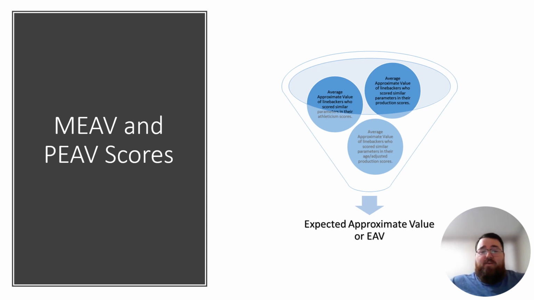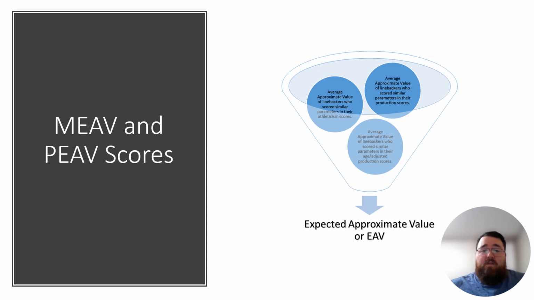That's why people hate Brock Purdy so much, even though he actually had decent mobile quarterback stuff. But neither here nor there. The PEAV looks at them as a passer. It takes away the mobile quarterback score, because why knock a quarterback who had a poor MEAV score when MEAV is not as correlative as the actual passing statistics are?